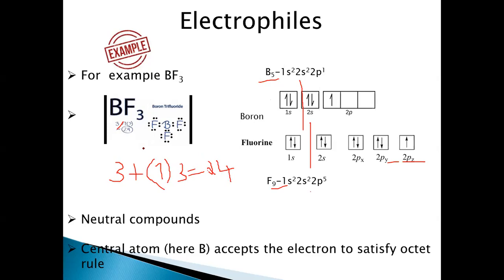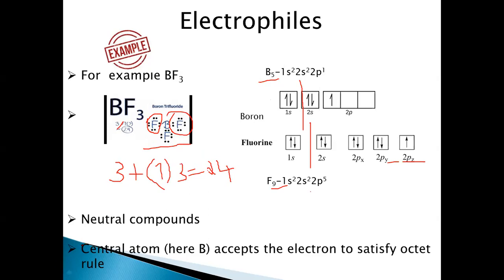And when we look at the Lewis dot structure of this, we can see that the total number of electrons for each fluorine is 8, octet satisfied. This also 8, octet satisfied. This also 8, octet satisfied.